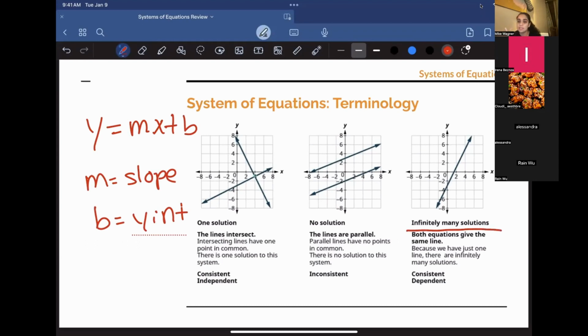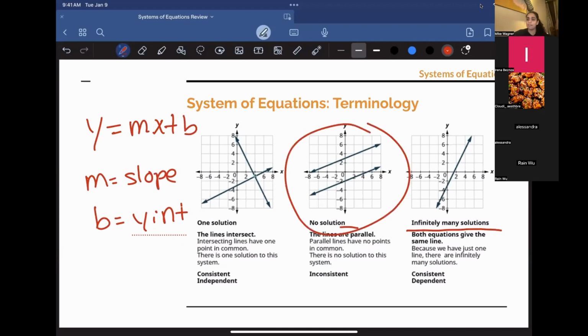If m is the same, so if the slope is the same, but b is different on the 2 linear equations, then there is no solution because they can never intersect, which also means the lines are parallel, like this one.